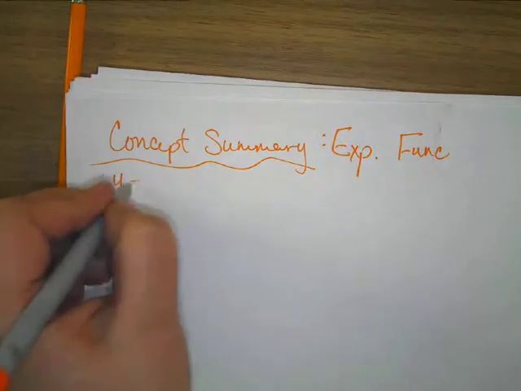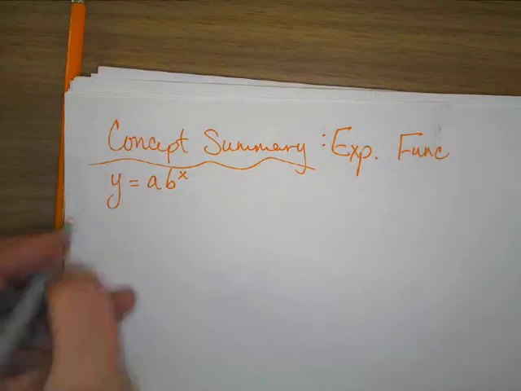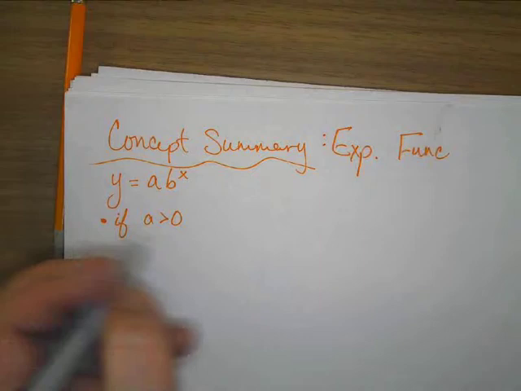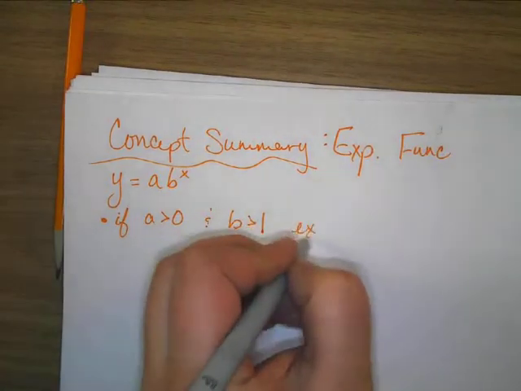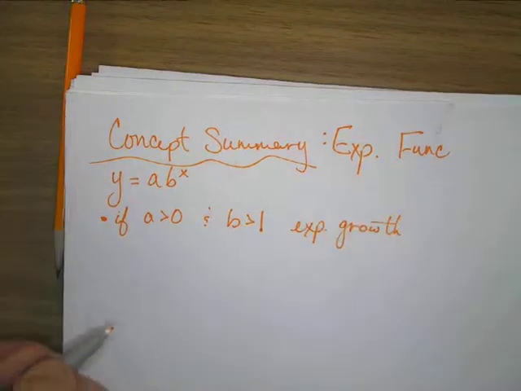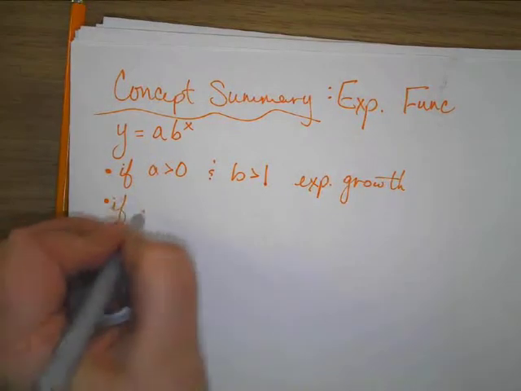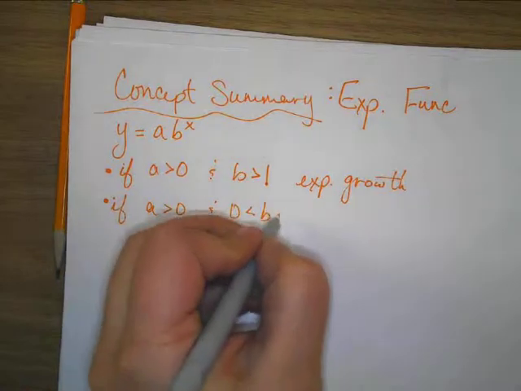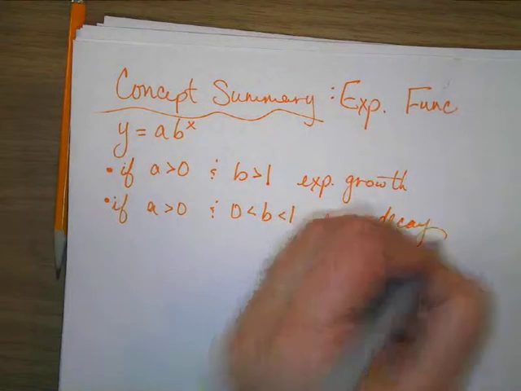For the function y equals a b to the x, if a is greater than 0 and b is greater than 1, this is an exponential growth function. If a is greater than 0 and b is between 0 and 1, this is an exponential decay.